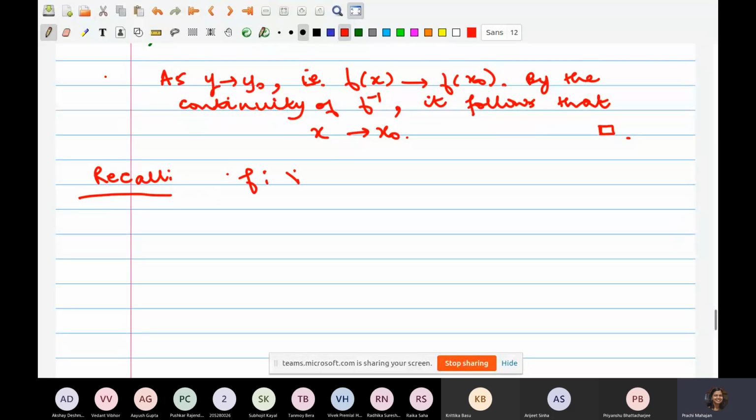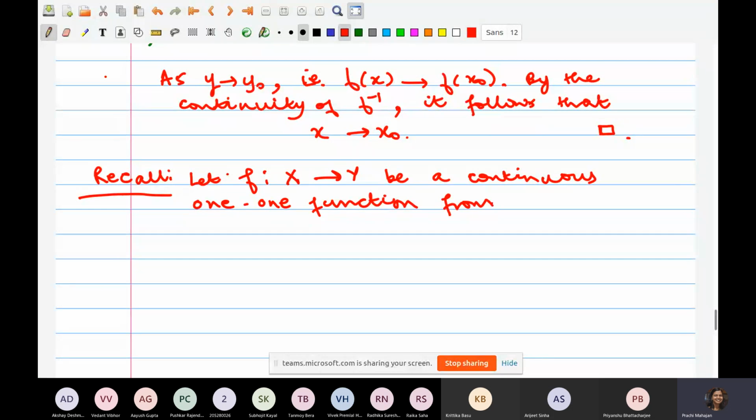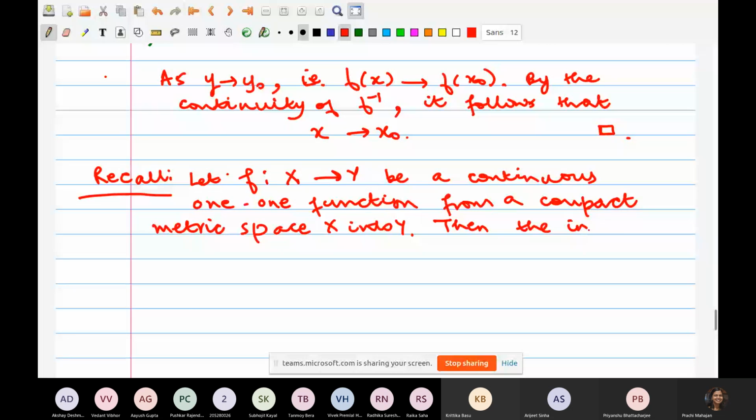Let f from X to Y be a continuous one-to-one function from a compact metric space X into Y. Then the inverse function is defined from the range of f, and it follows that the inverse function is continuous.